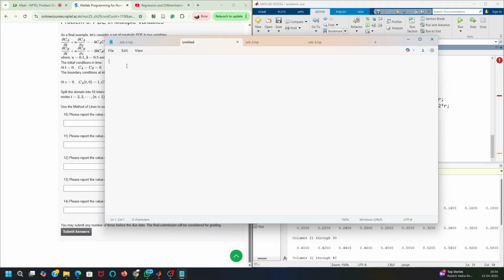So let's say z is equal to 0.2, we'll start from z is equal to 0.2. This is our first solution which we write. So for that you will have CA.